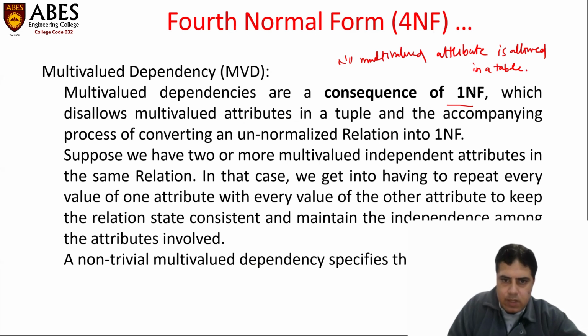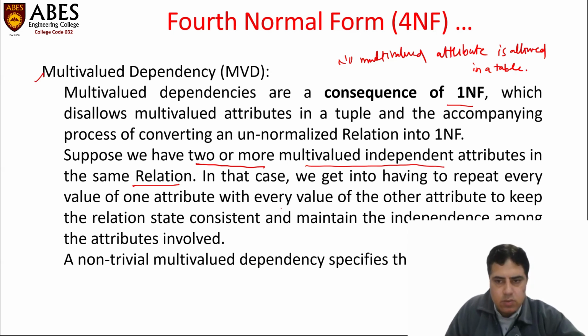So when two or more multi-valued independent attributes exist in the same relation, that is the case of multi-valued dependency. In that case, we have to repeat every value of one attribute with every value of the other attribute to keep the relation consistent and maintain the independence among the attributes involved.